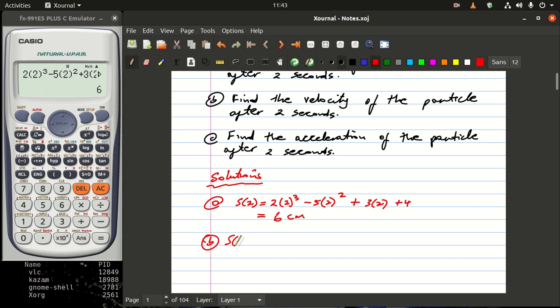So we have s of t, and s of t is 2t cubed minus 5t squared plus 3t plus 4. If we are looking for the velocity with respect to time of this particle, we are actually looking for the first derivative of this function, or s prime of t.